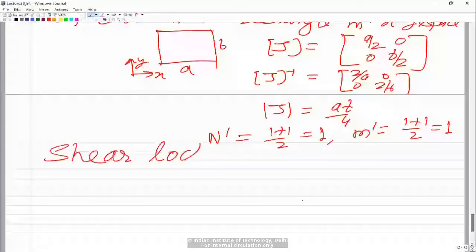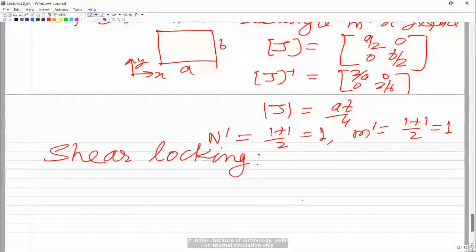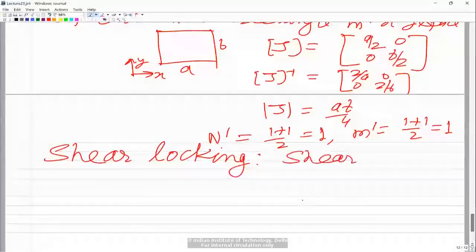Shear locking means if you use shear deformable elements. Shear deformable means in this particular element we have used first order shear deformation theory, so gamma xz and gamma yz, and in turn tau xz and tau yz, are non-zero. If we have such a formulation, we call it a shear deformable plate bending element.